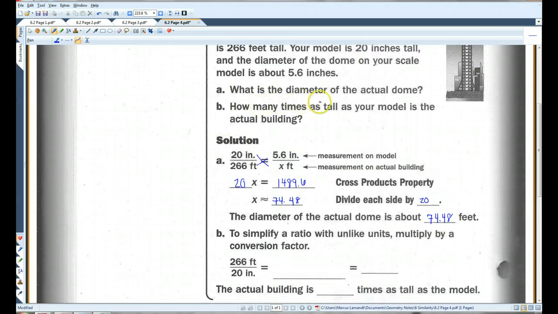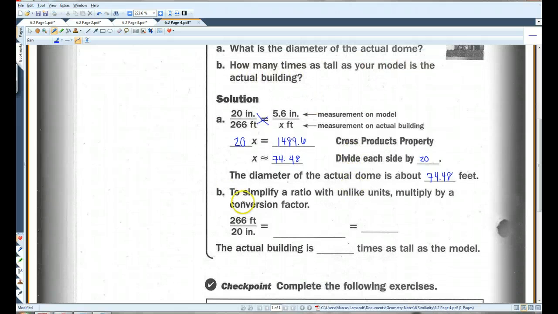Now, how many times as tall as your model is the actual building? To simplify a ratio with unlike units, you need to multiply by a conversion factor. We know that the ratio is 266 feet over 20 inches. Okay, I'm going to rewrite that. And hopefully you know that there are 12 inches in 1 foot. I'm doing this so that the units all cancel out.